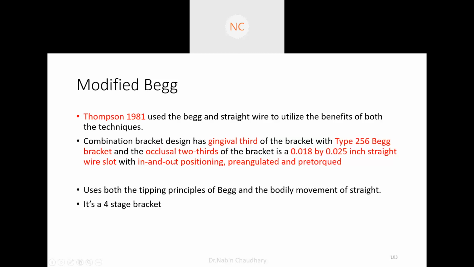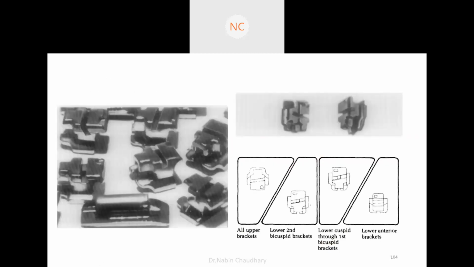The bracket is designed in such a way that the gingival third has the Begg bracket, whereas the occlusal two thirds has the edgewise bracket, and it also has in-out positioning as well as pre-angulation and pre-torque. So this combination bracket given by Thomson has the gingival third with the big vertical slot, and the occlusal two thirds with the edgewise bracket. So it is a four-stage bracket.